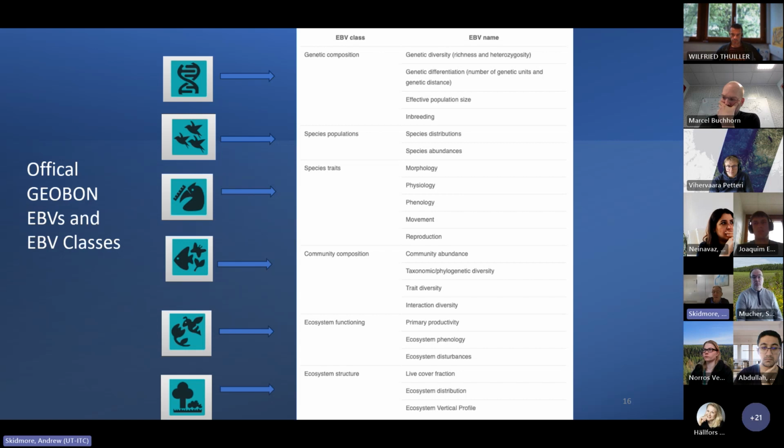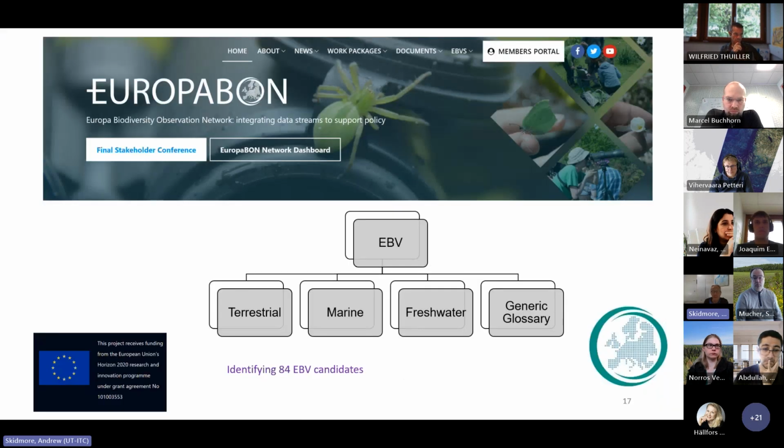The problem is that as scientists, we're now inventing lots of additional data, which everyone is calling EBV, right? So you come up with your favorite product, and then people are saying, oh, that's an EBV, that's an essential biodiversity variable. And that's where it gets really confusing, because according to the GeoBON website, these are the official EBVs and their names, and yet we're seeing lots of people in the literature also publishing, oh, we've got these different EBVs.